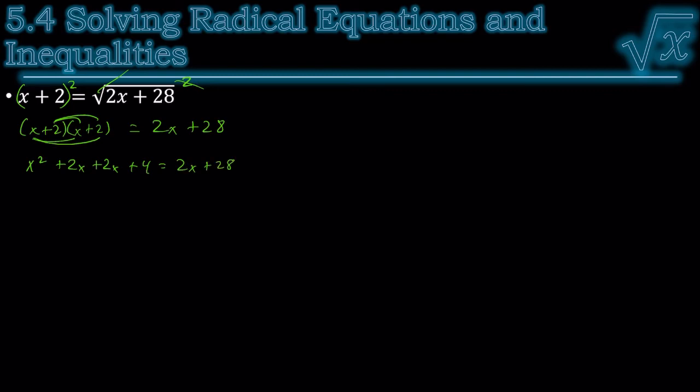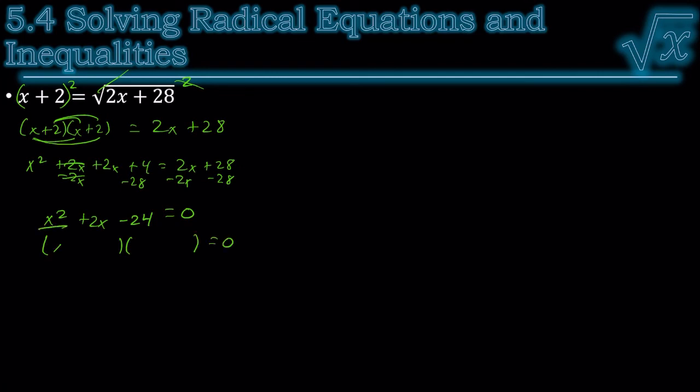What type of equation do we have? That's right. It's quadratic. So let's move everything over so it equals 0. Or get rid of everything on the right side so it equals 0. So I have x squared, those canceled, plus 2x, and 4 minus 28 is negative 24. Maybe we could factor this.